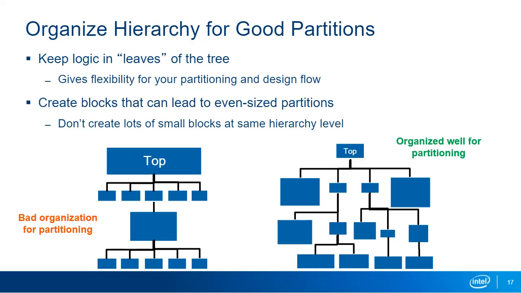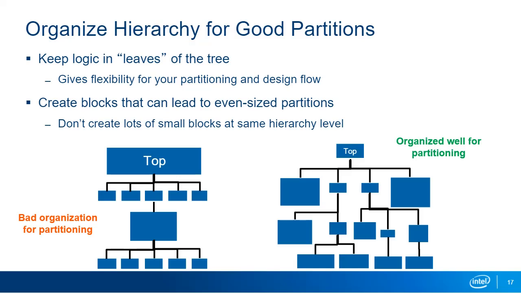All of the leaves are smaller blocks, so any time savings from partitioning would be minimal. They might be better served being optimized with the logic around them. You may have reasons in your own design to organize it like this, but you may not get the most benefits from a block-based design flow with this hierarchy.